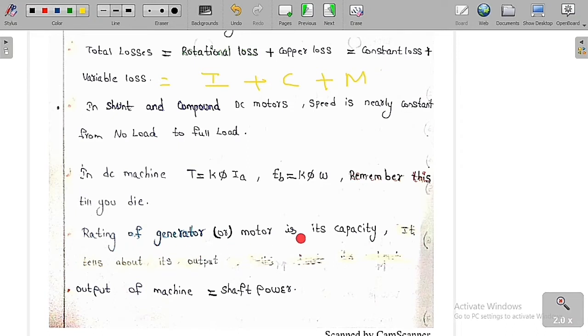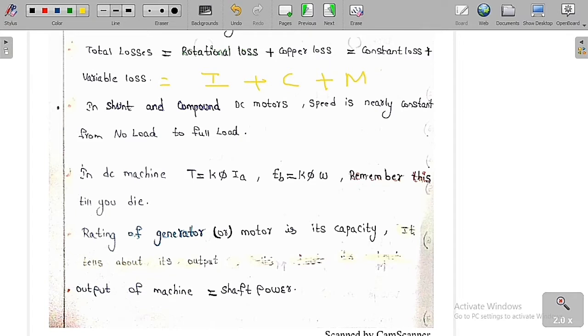The rating of a generator or motor is its capacity. It tells you about its output. Whatever the rating of a given machine, whether it is a generator or motor, it tells you basically how much output it can deliver.